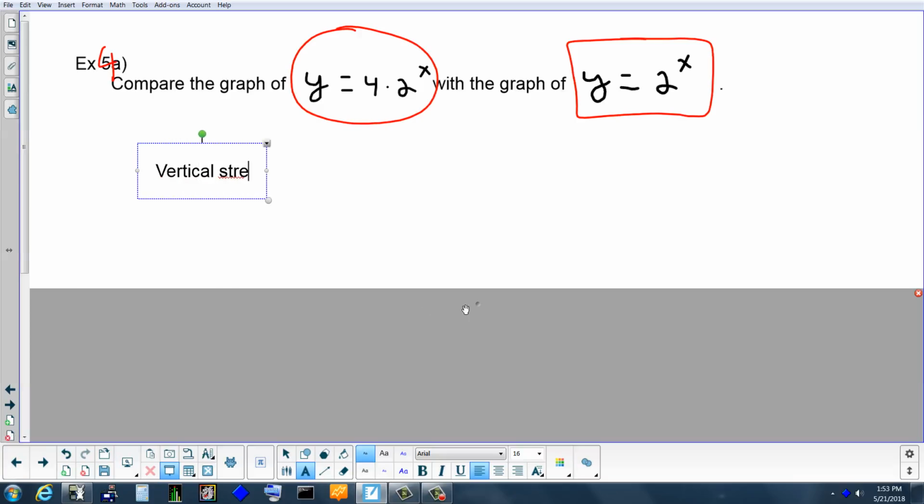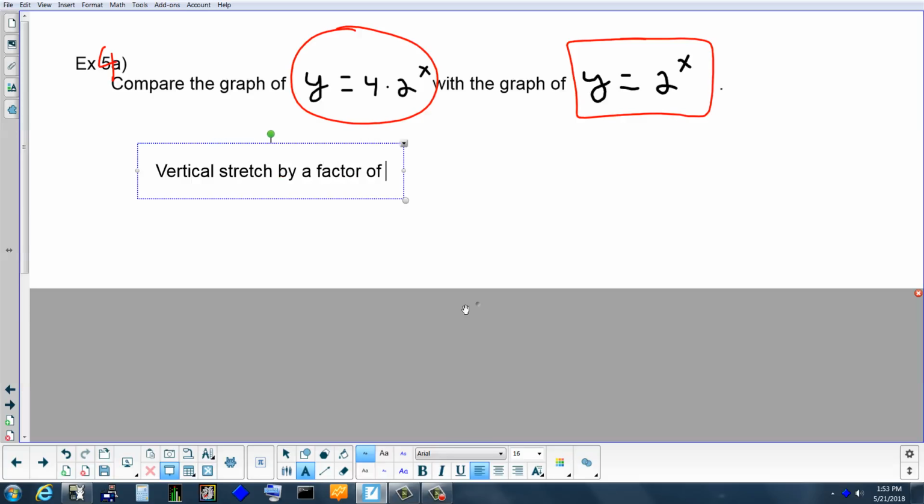I don't care if it's negative, I don't care if it's positive, I don't care if it's a fraction. When we ask you to compare graphs, your answer is always going to start like this: vertical stretch. What's the rest of my sentence going to be? By a factor of. Yep, good.